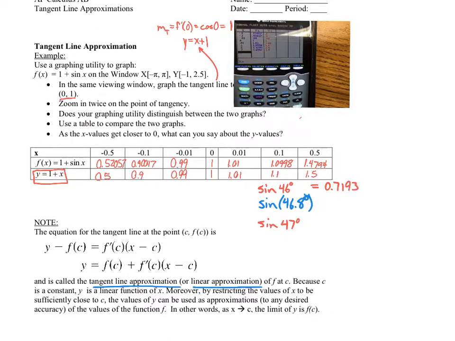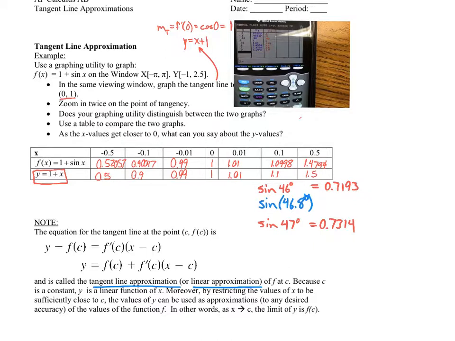And the sine of 47 is 0.7314. Now, because those are only 1 degree apart, it's very, very close, we could assume that sine was linear between them. Now, is sine linear? Obviously not. But because it's such a small range, we could assume that briefly in order to approximate what the sine of 46.8 degrees is.